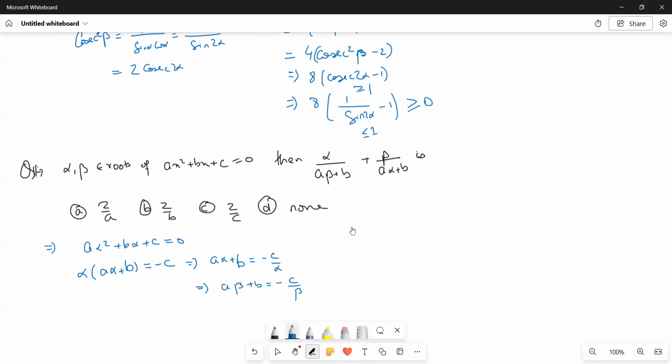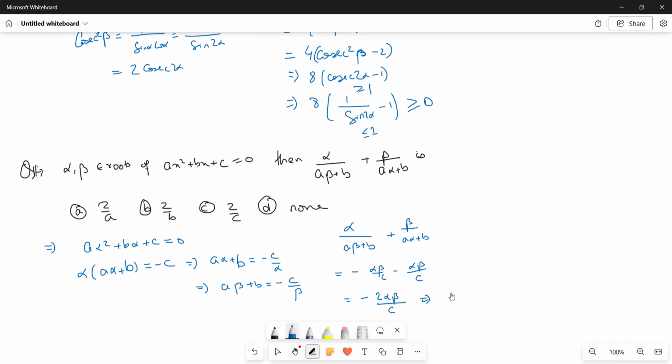Now, if you look at the expression a alpha by a beta plus b plus beta by a alpha plus b, so a alpha plus b, a beta plus b is minus c by beta. So this would be like minus of alpha beta by c minus alpha beta by c, which is minus twice of alpha beta by c.